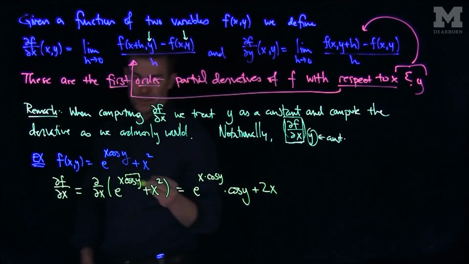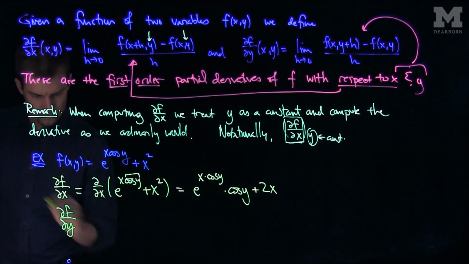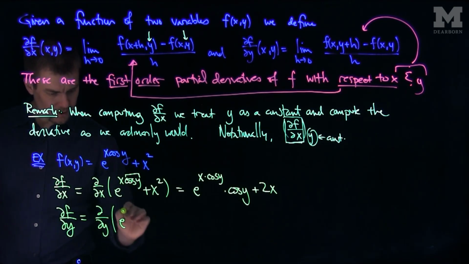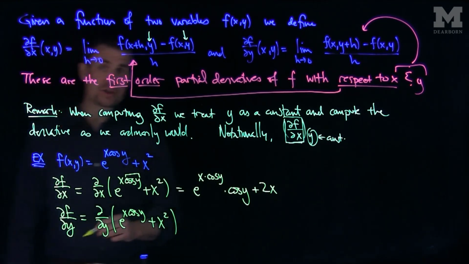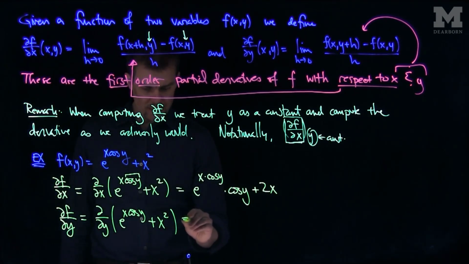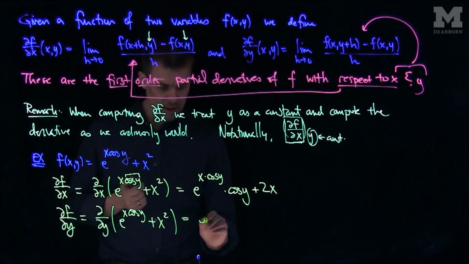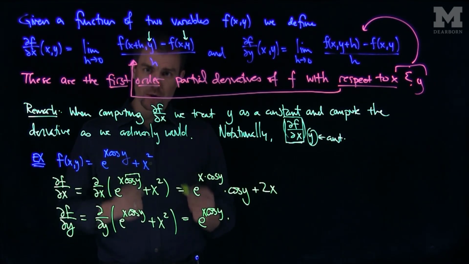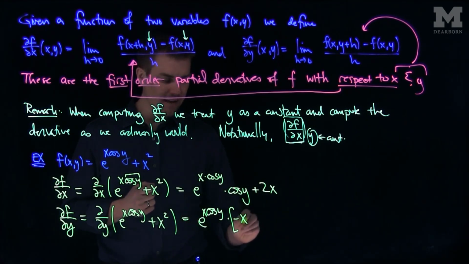If we did the partial with respect to y, partial f partial y, we have the partial derivative with respect to y of e to the x cosine y plus x squared. Now we're going to treat x as a constant. The derivative of e to the x cosine y would be e to the x cosine y times the derivative of x cosine y with respect to y, which is negative x sine y.